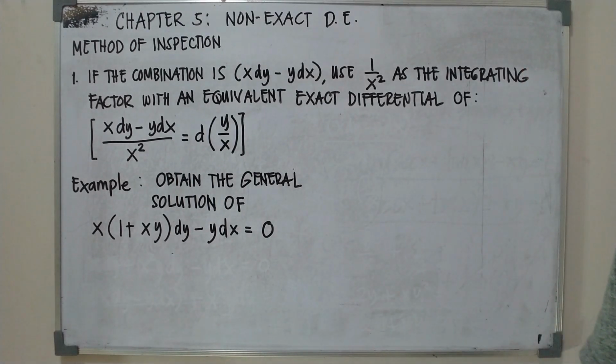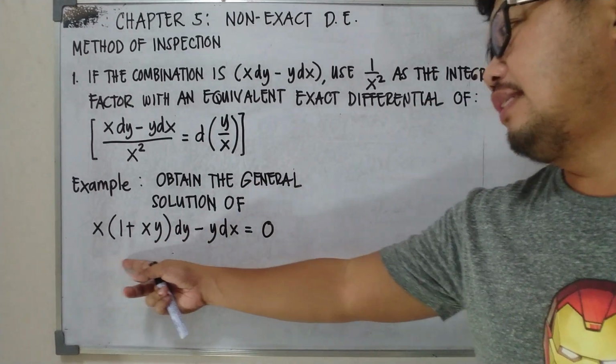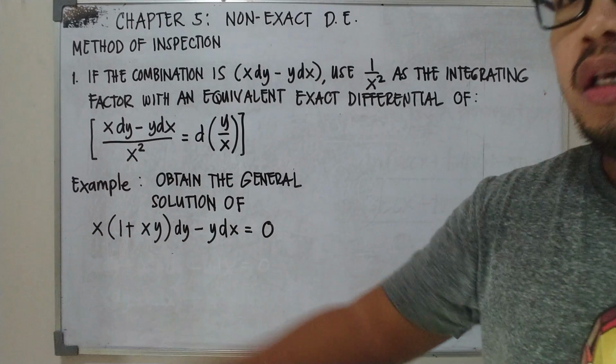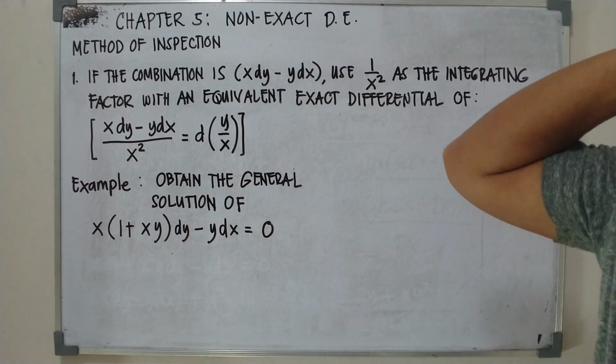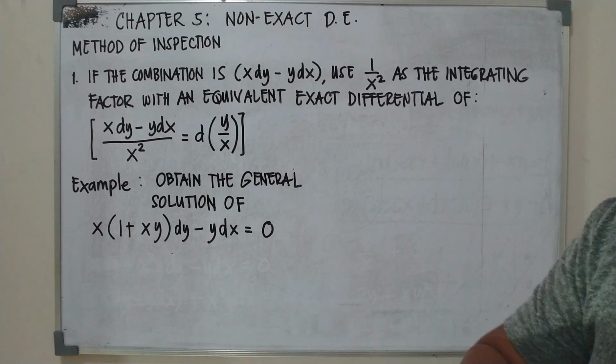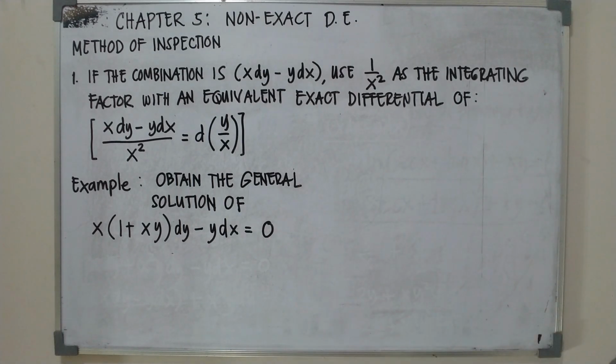I assume that this is already a non-exact differential equation. But make sure that before you solve any differential equation, you check, so that we use the correct solution, either the exact or the non-exact. Always check the exactness of the differential equation.